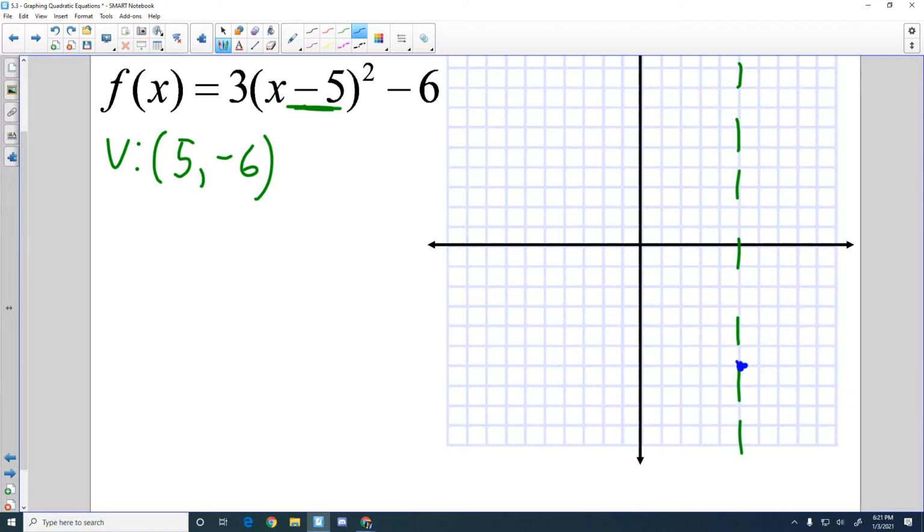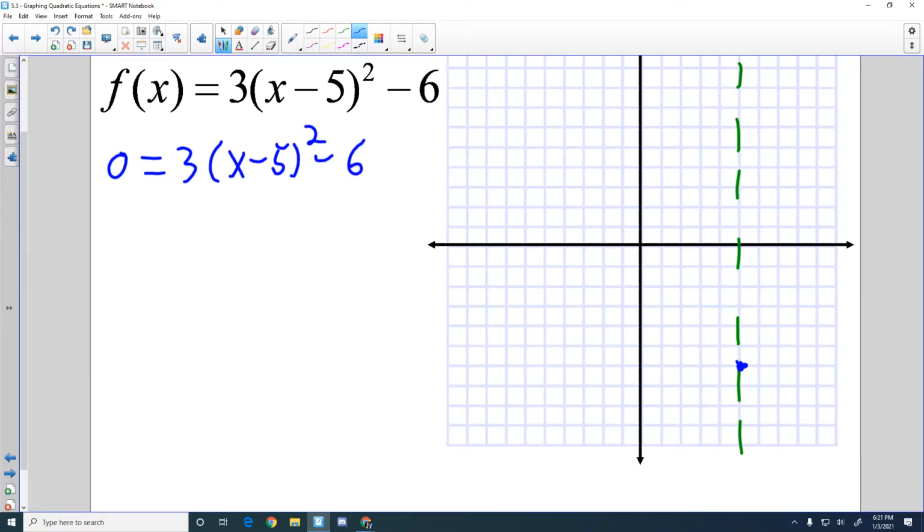Let's see if we can find some x-intercepts, right? So we set y equal to 0, and we solve for x. And you can go through this process again.